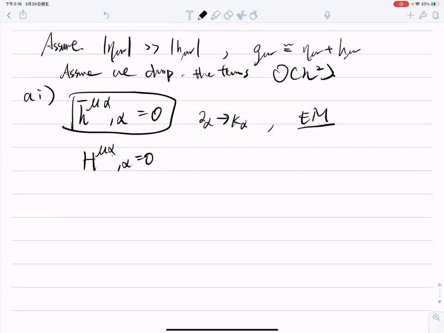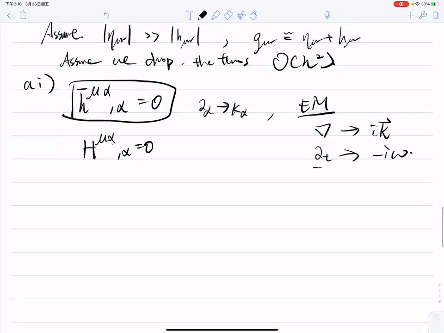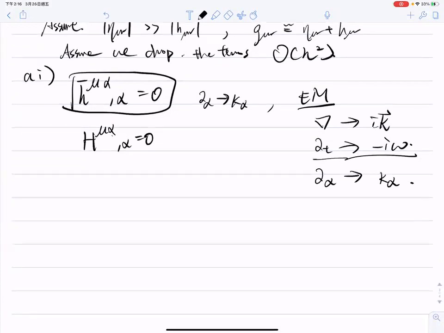In the EM field and EM wave, you can replace del by i k vector and the time derivative by minus i omega. So this is equivalent to taking the derivative partial alpha equal to k alpha. Then we just plug it in.